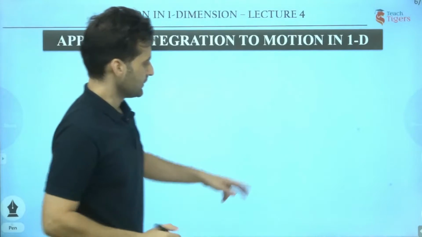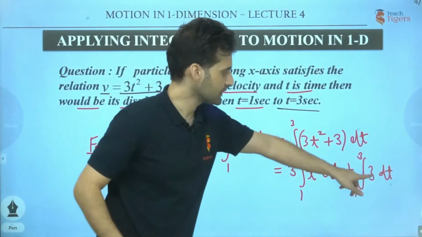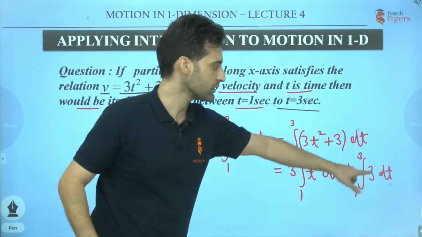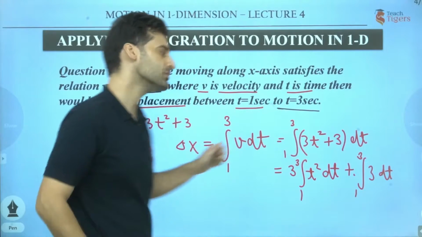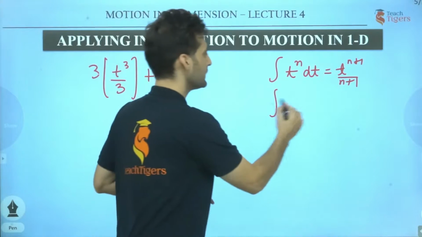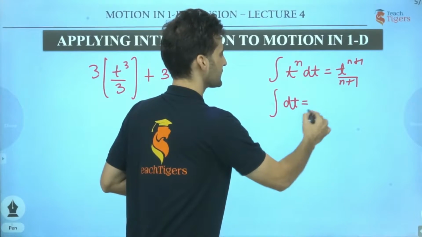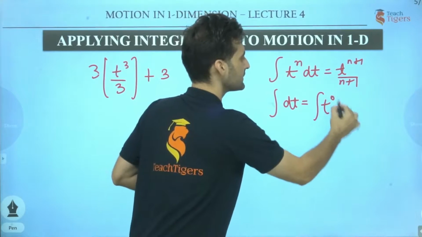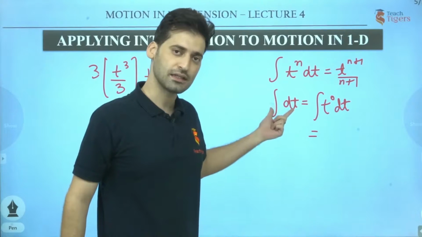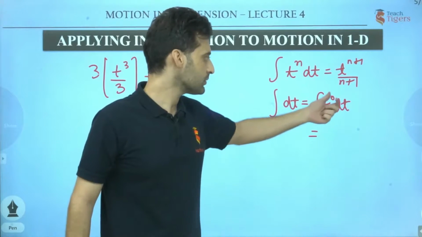Similarly, if I apply for this one, the 3 I can take outside as it is, no worry, and integration of dt becomes equal to t only. So here is 3 outside, and remember integration of dt means like this. It can be written as t raised to power 0 equals dt.